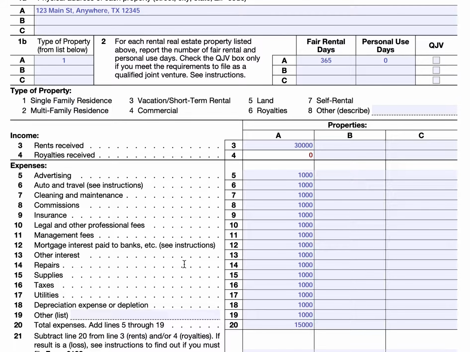So in line 6, if you use actual expenses, then you would be able to deduct the cost of gas, oil, repairs, car insurance, tires, tolls, registrations, things of that nature. For depreciation, you can depreciate your car, but that would be a depreciation expense under line 18.